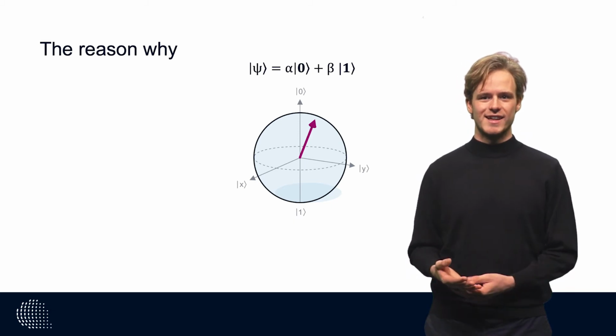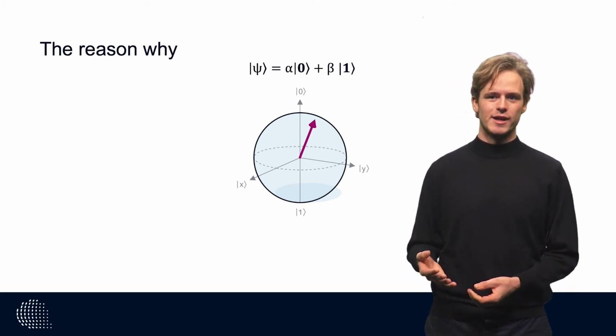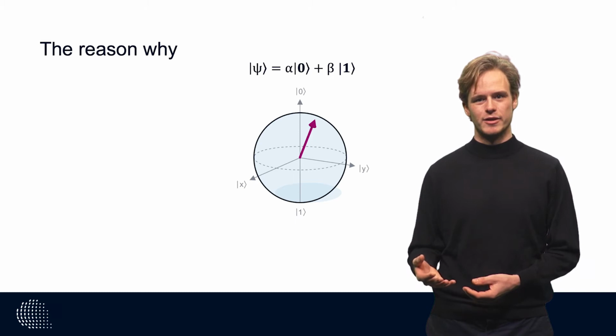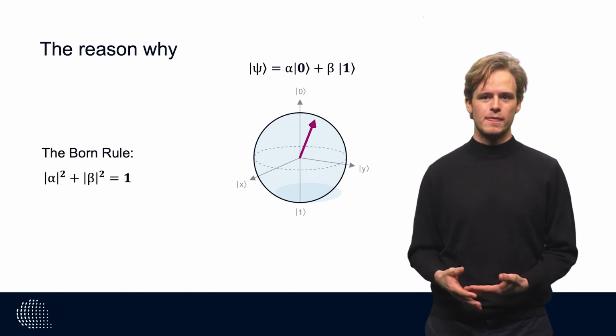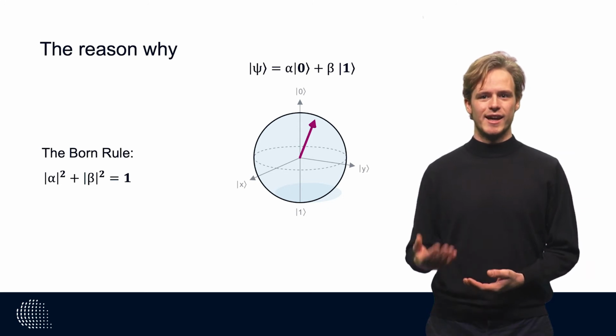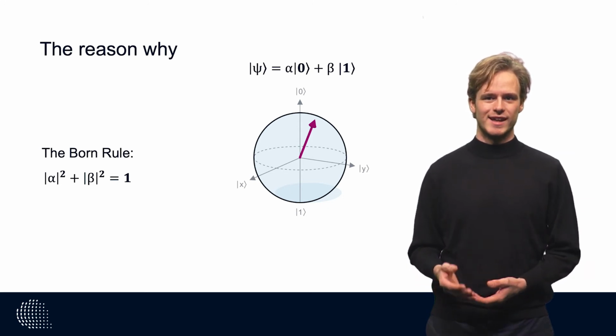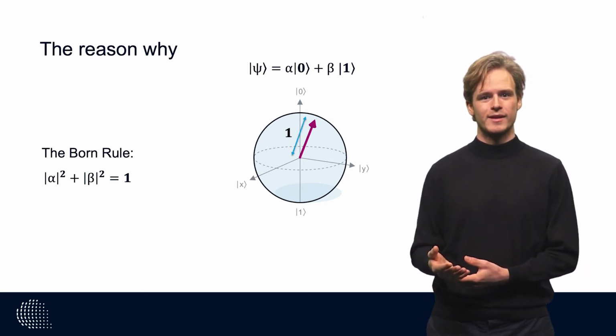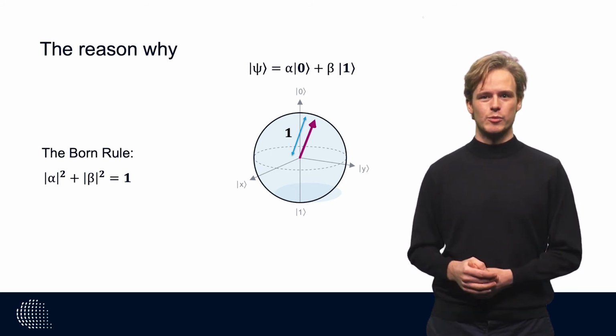The coefficients satisfy the rule that the absolute value of alpha squared plus the absolute value of beta squared should be 1, because of the total probability rule. So we can see that every pure state vector psi has exactly length 1. And this is the reason why we can represent any qubit on a unit sphere, aka the Bloch sphere.